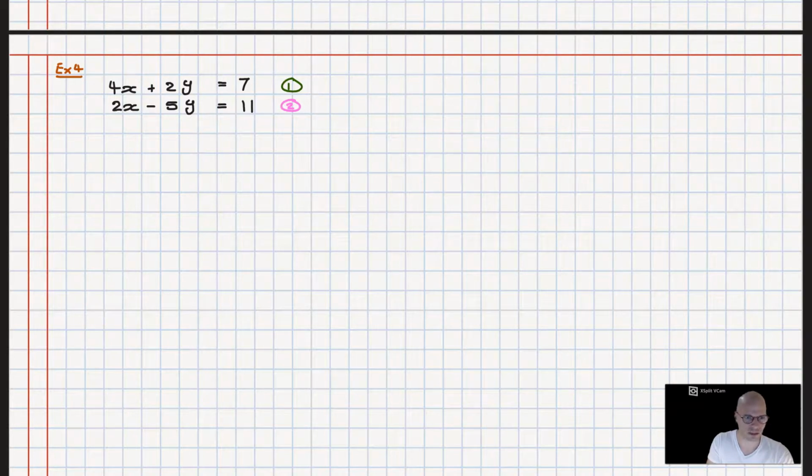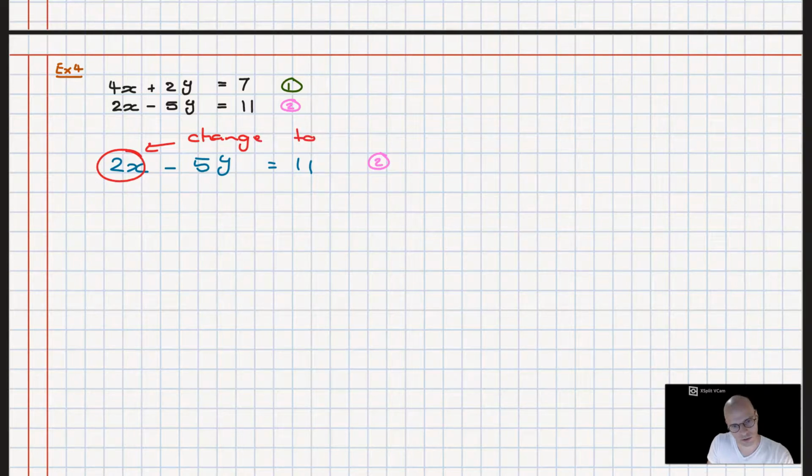Now, what I'm going to do is grab equation 2 here: 2x minus 5y equals 11. Still equation 2. I want to change this to a 4x, and the way I can do this is by multiplying both sides of the equation by 2.